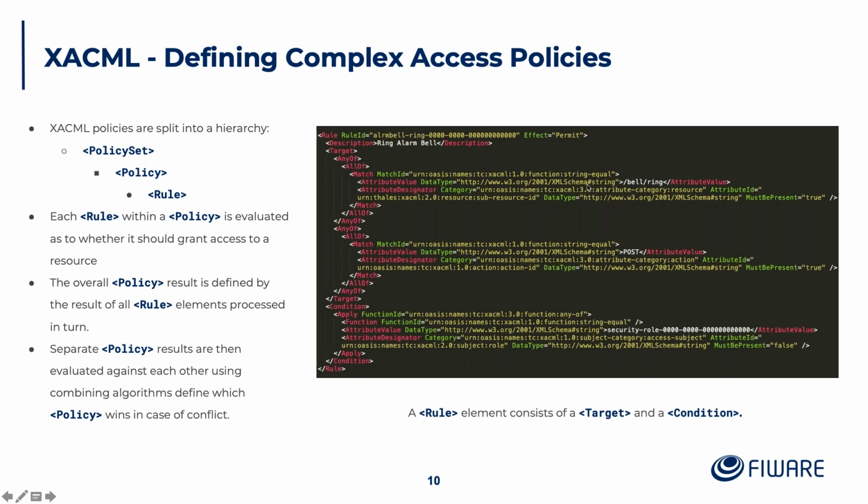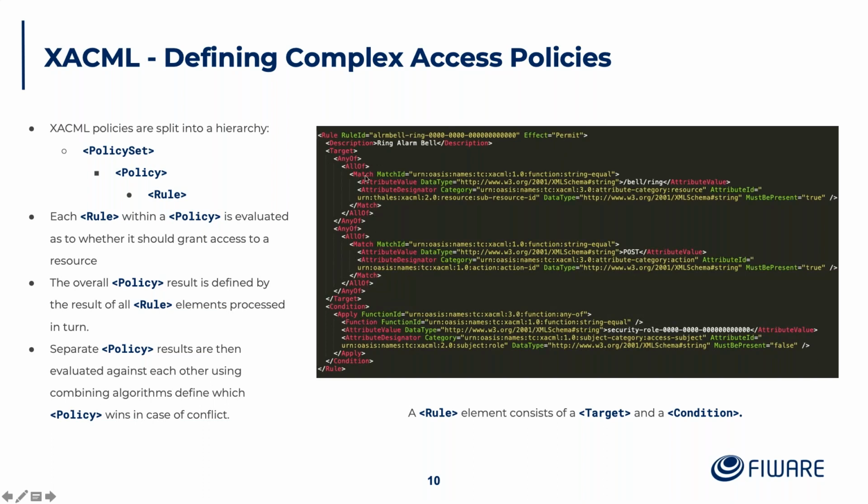You can see it's very verbose. You could do this in a role-based Keyrock system very, very simply, but this means that you have the flexibility to do much more. Each rule is one way you can get an effect. So you can get a permit, allow, if you cover all these things.